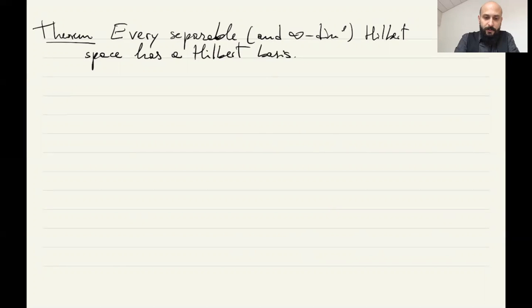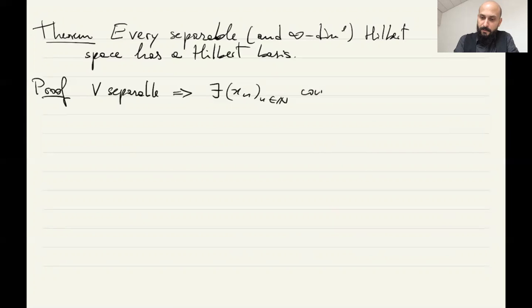Okay, let's prove it. We know that the vector space V is separable, so V separable implies that there exists a countable dense set X_n in V. Now we do the following.